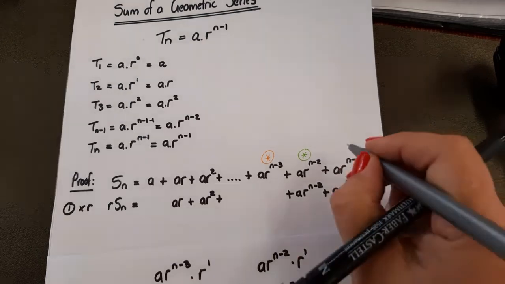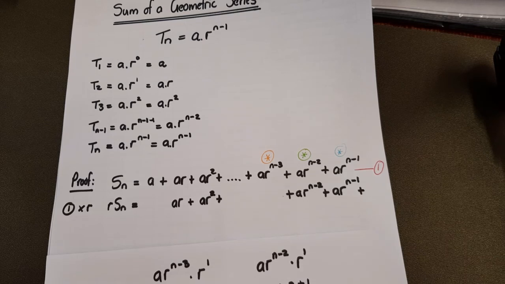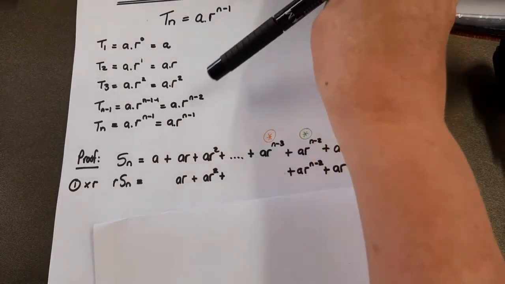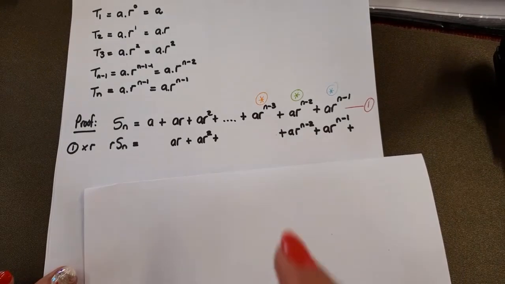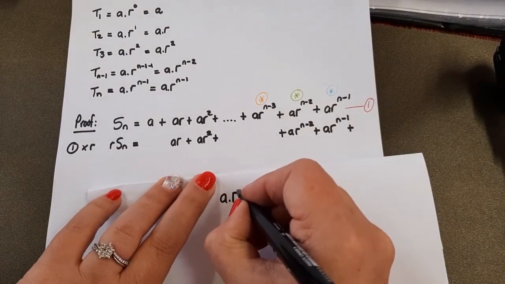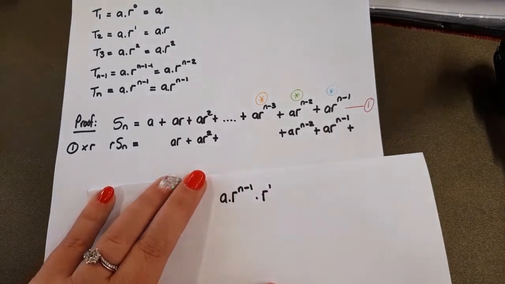Now I'm going to take the last term and multiply it with r. So it's ar to the power of n minus 1 multiplied with r.